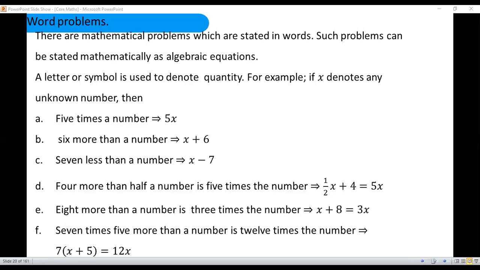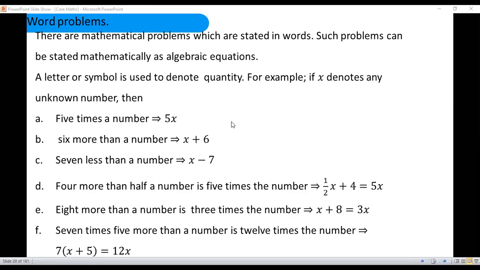Then when we have 7 less than a number, that means that number minus 7. 7 less than a number means the number minus 7.